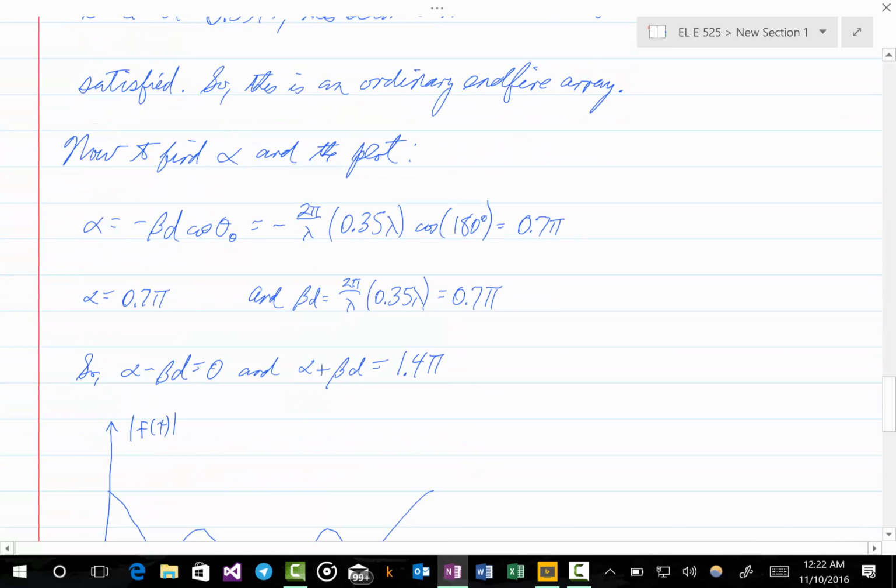Now the plot will go from alpha minus beta d to alpha plus beta d, and since alpha and beta d are both equal to 0.7 pi, alpha minus beta d is 0, and alpha plus beta d is 1.4 pi.